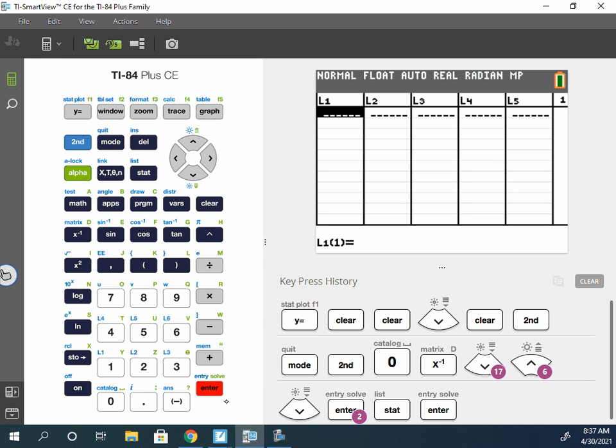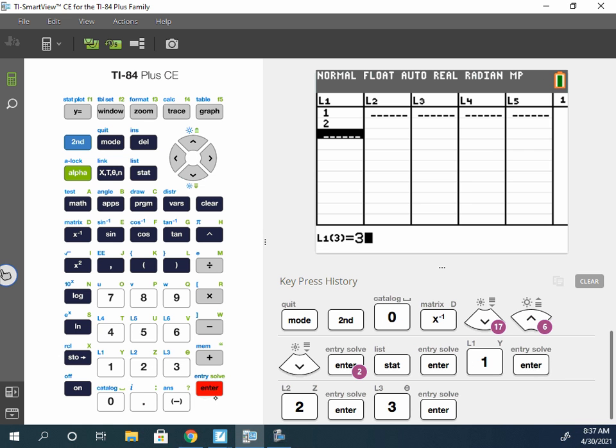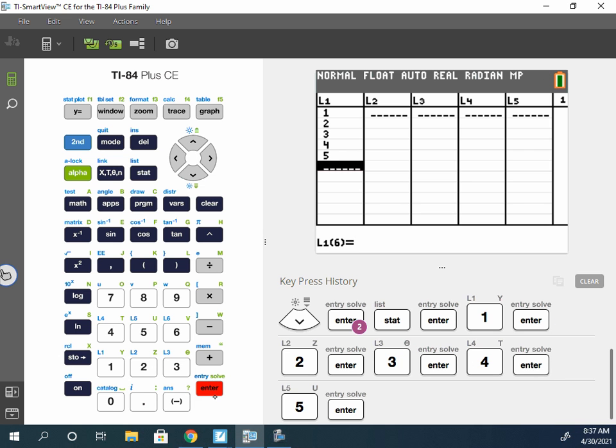Now, on your note sheet, we do have the data already in the table. And what I'm going to do is fill in the x values: 3, 4, 5, 6, 7. I put all the x values into L1, the first list.